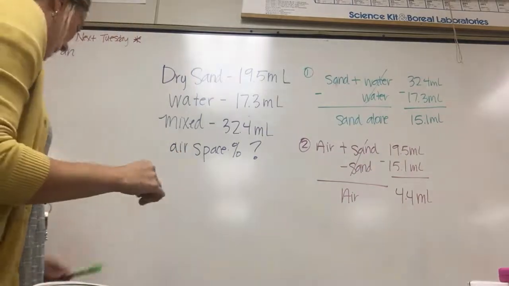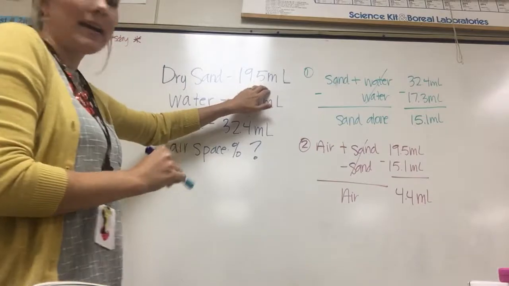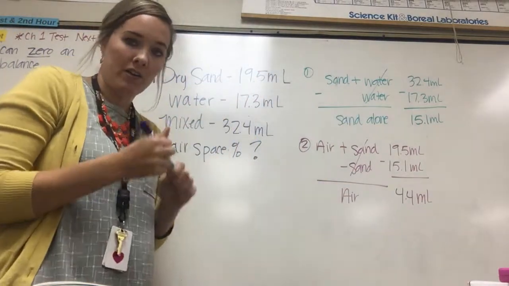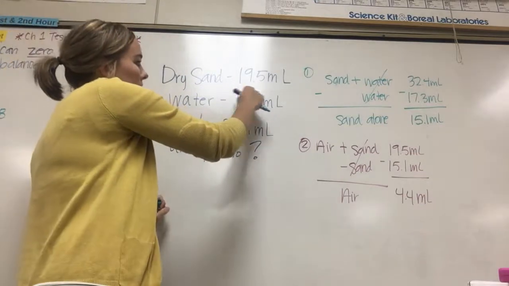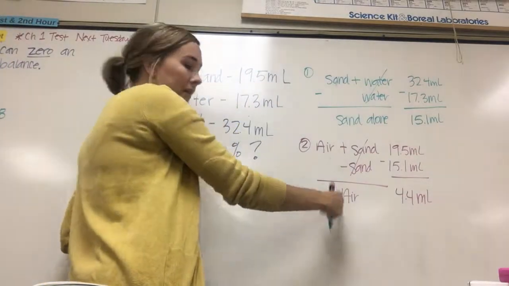Now the last step is just to find the percentage of our dry sand that was airspace. So this is just a fraction that you're going to set up. So what percentage of this 19.5 was just air?